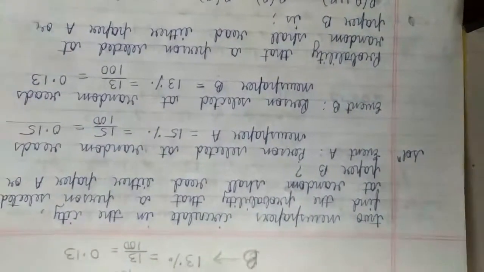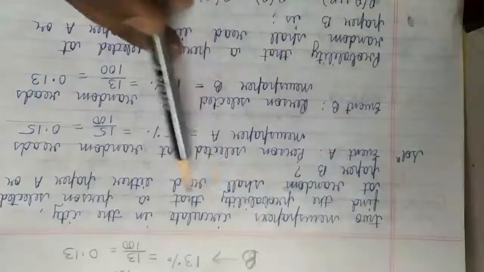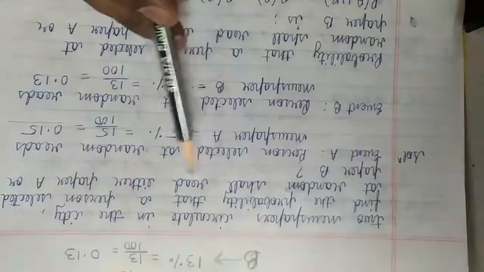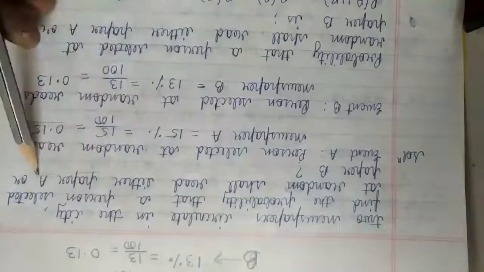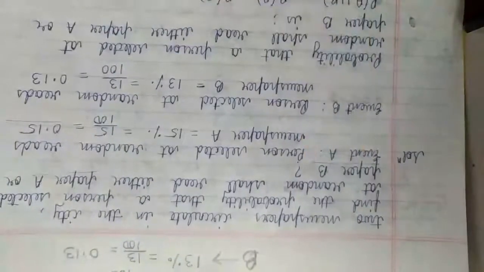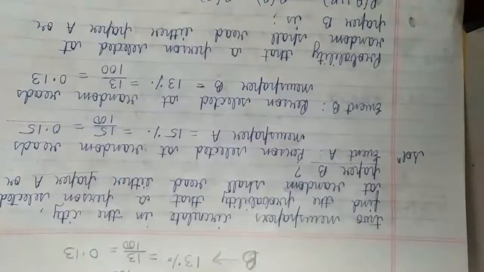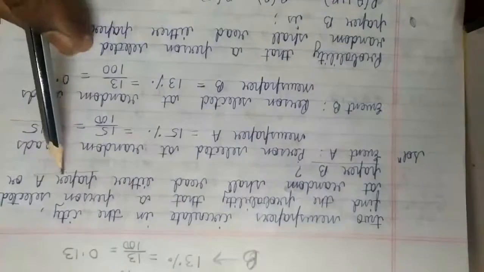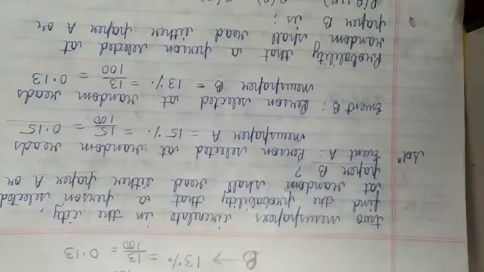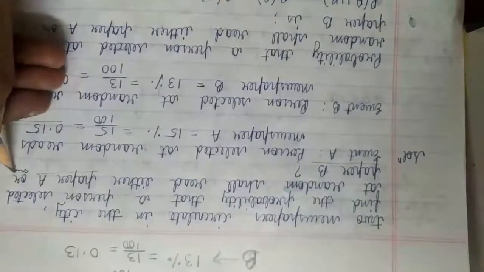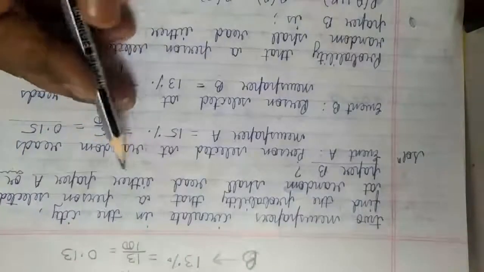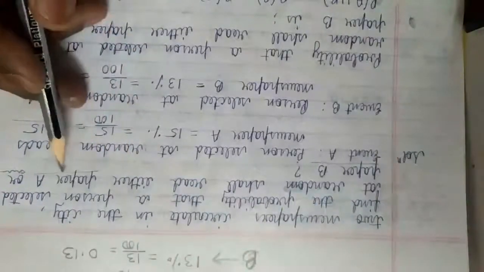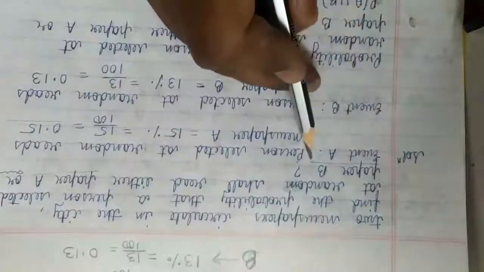What they had asked here is, find the probability that a person selected at random shall read either newspaper A or newspaper B. That means a person selected at random can read newspaper A, newspaper B, or both the newspapers. So "or" is there, which means we have to add, and there are two events: a person selected at random reads newspaper A, and a person selected at random reads newspaper B.